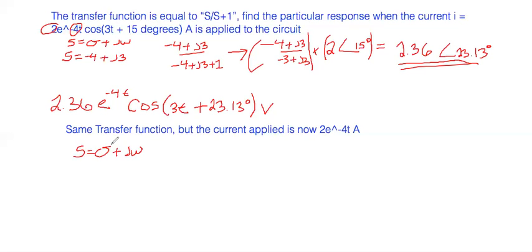So the only part that we have is this sigma part, which makes it easy here. So S is equal to negative 4.